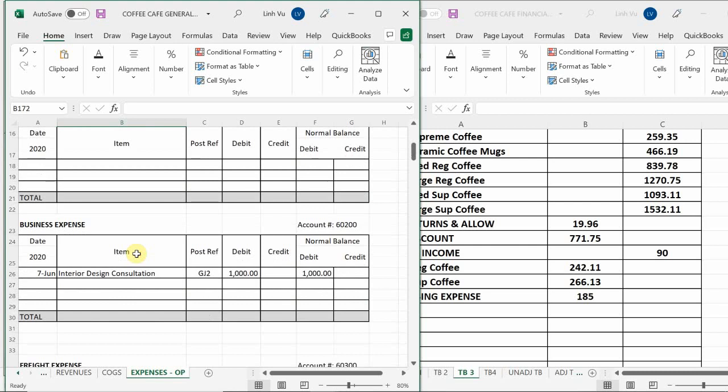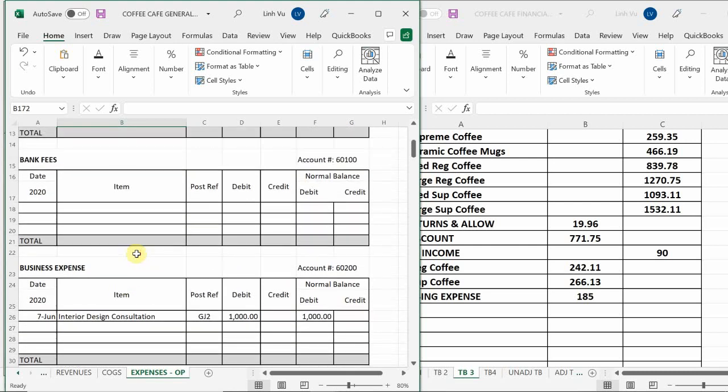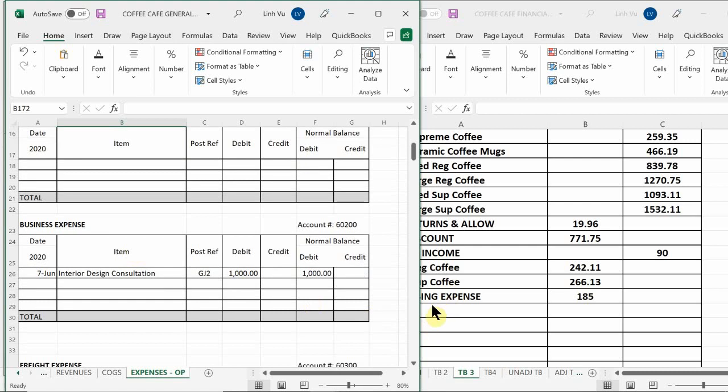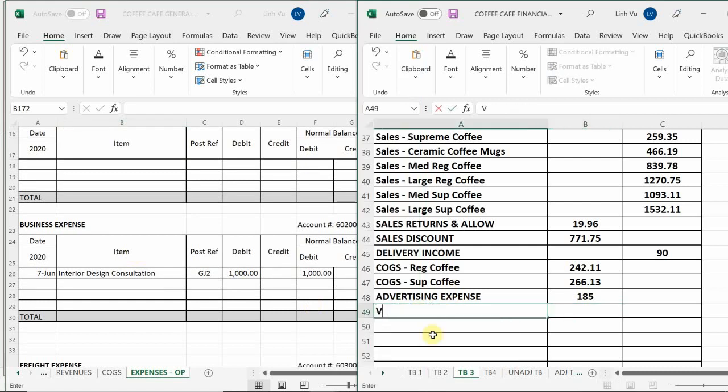Next one we have is business expense. $1,000.